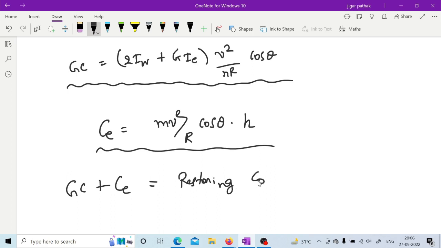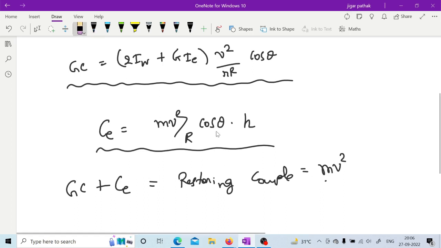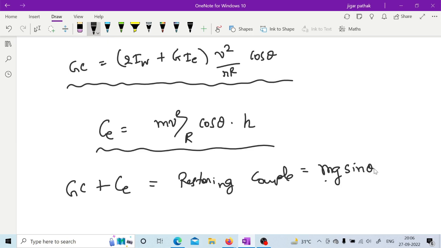This restoring couple will try to keep the vehicle in position and avoid skidding, and that component will be mg sine theta, which is the force on the h distance.